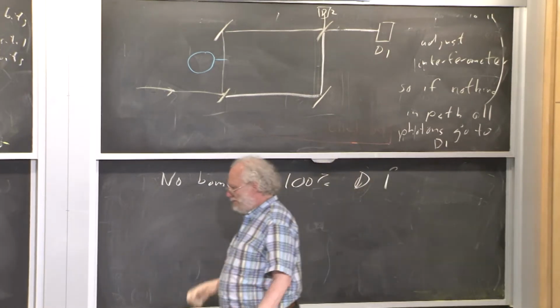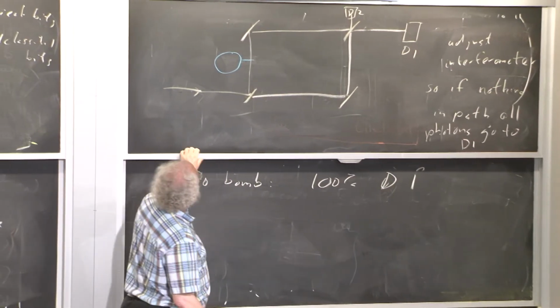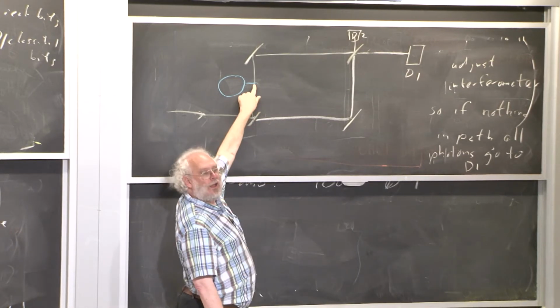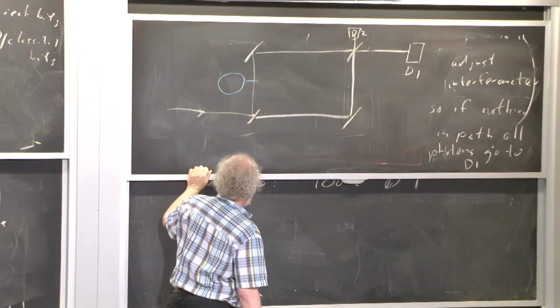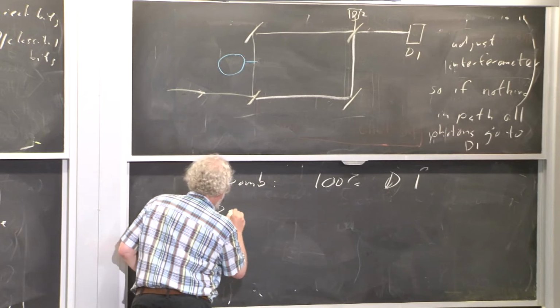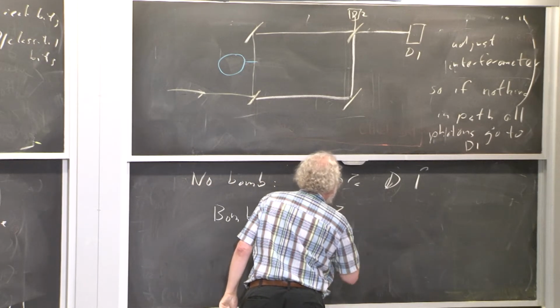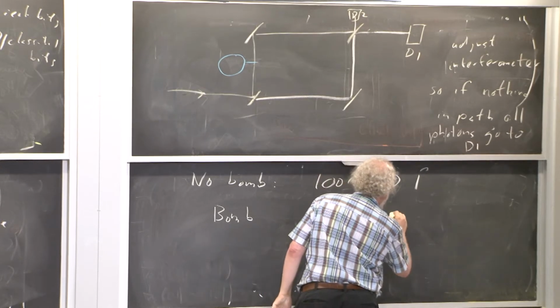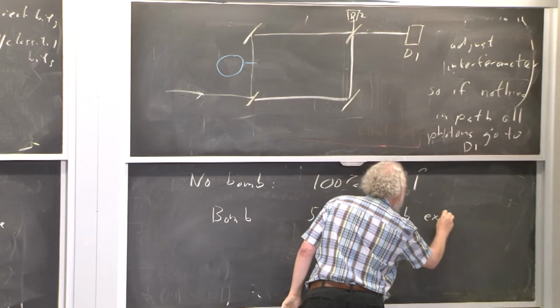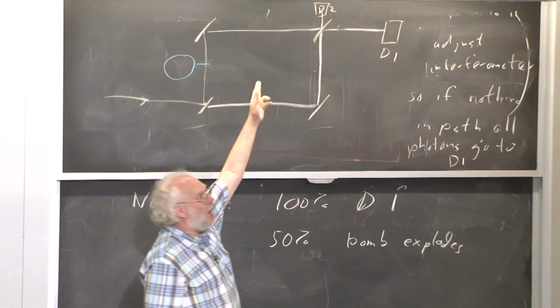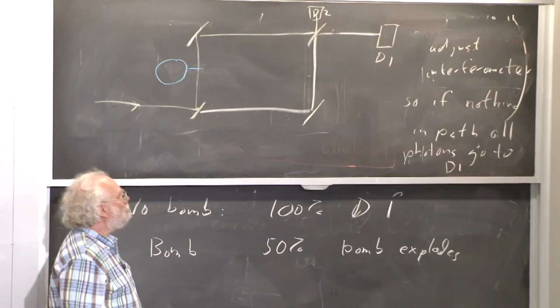Suppose there is a bomb. A photon goes through, and with 50% probability it goes this way and explodes the bomb, in which case we don't see any signal at the detectors.